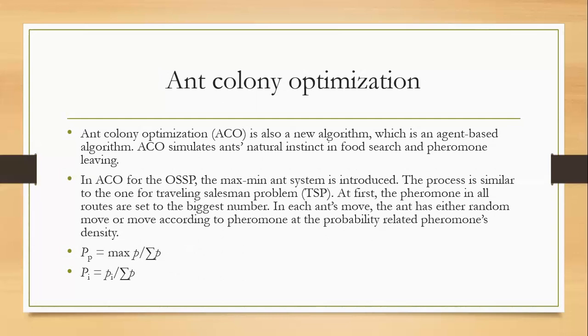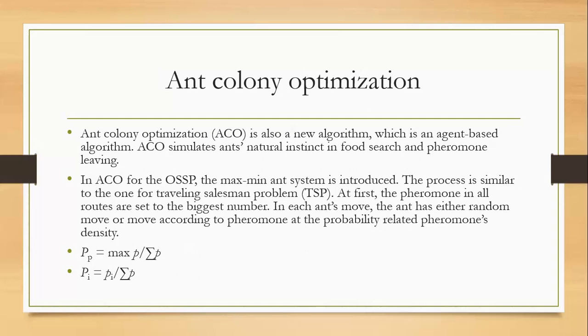Therefore, the process is similar to the one for the traveling salesman problem. At first, the pheromone in all routes is set to the biggest number. In each ant's move, the ant has either a random move or a move according to pheromone at a probability relative to pheromone's density. In the formula, P is the pheromone on all available routes whose destination number has not been visited.